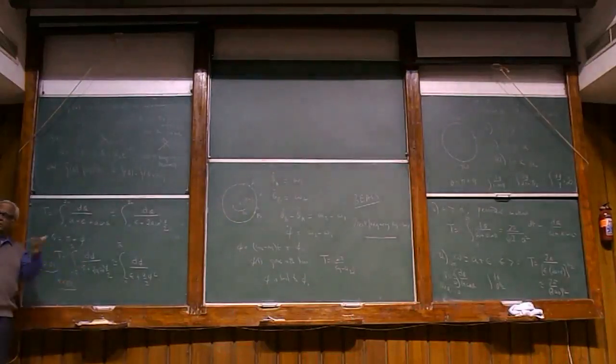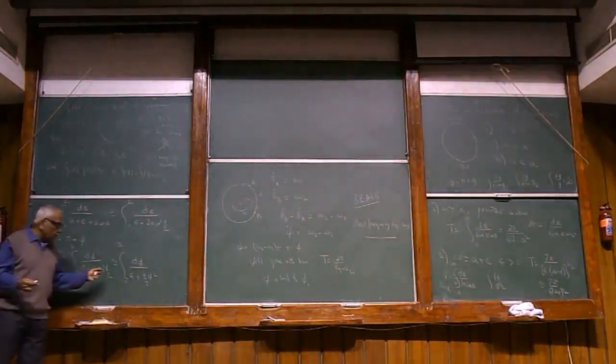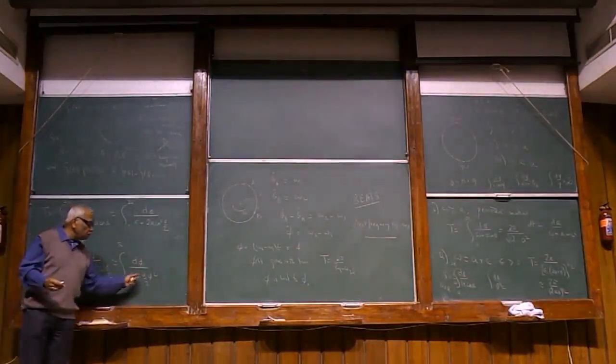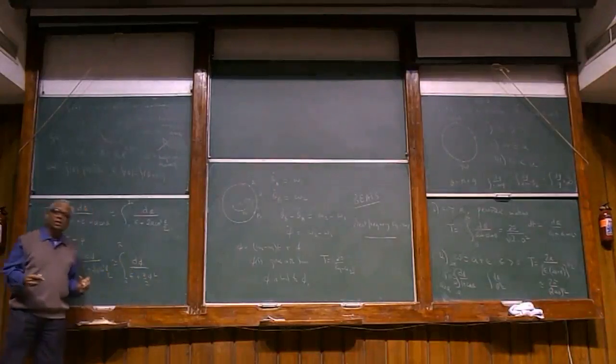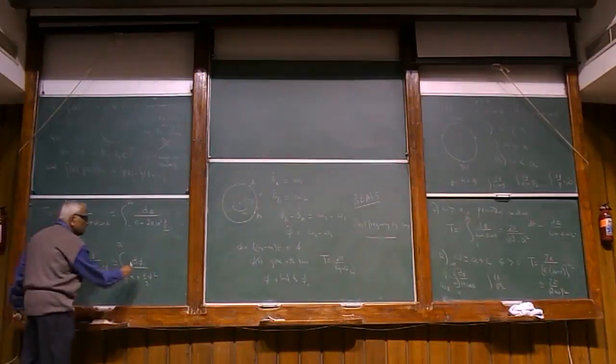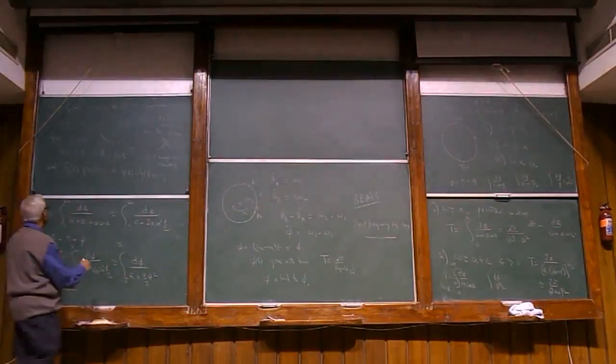If this becomes 100 epsilon, then this is of no use. So you want to restrict phi to very small values, and you want to approximate the integral in this fashion over here. So all right, now this is what I have. Now what?